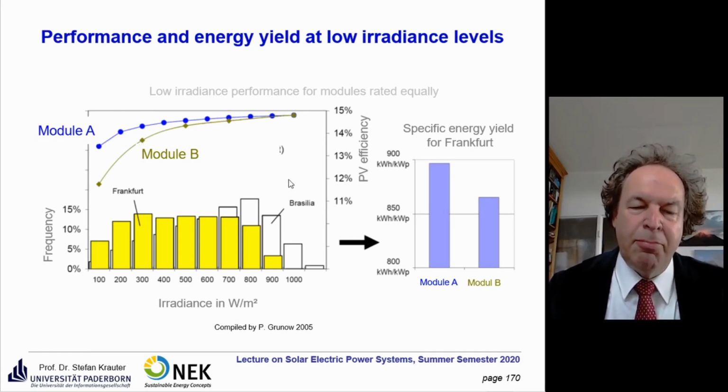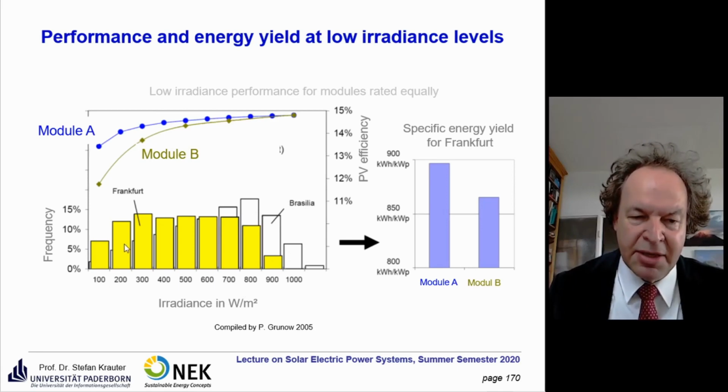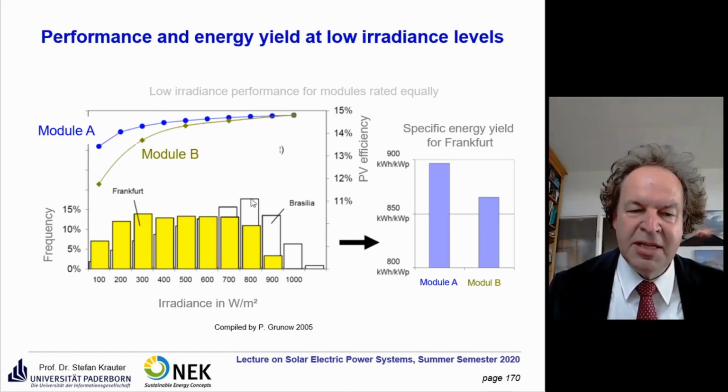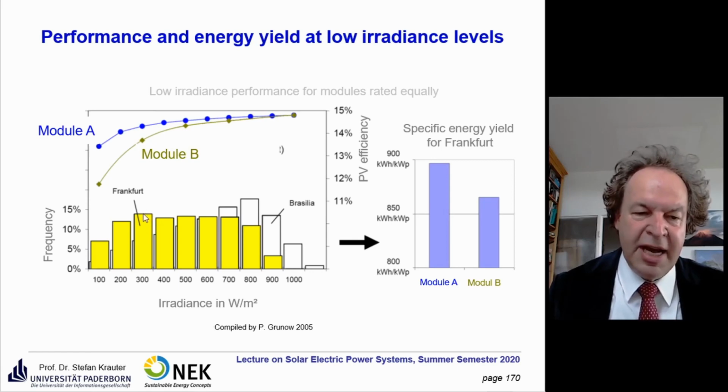And the importance of that effect depends on the location. So for example, here you have Brasilia, the capital of Brazil, with the irradiance characteristic you see here, which shows the frequency or probability of such an irradiance range. Most of the irradiance in Brasilia comes in at an irradiance level of about 800 watt per square meter. If you compare that to Frankfurt, there most of the irradiance statistically comes in at about 300 watt per square meter.